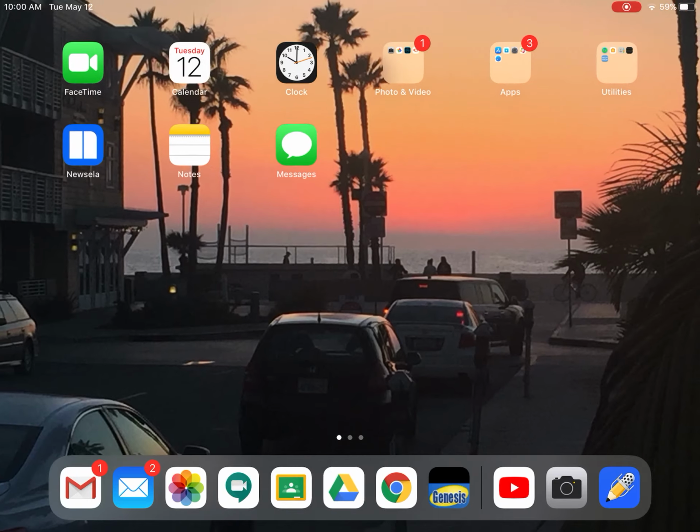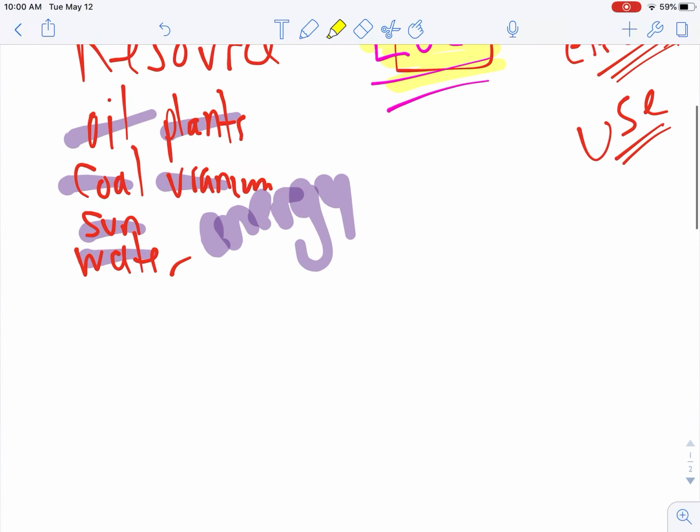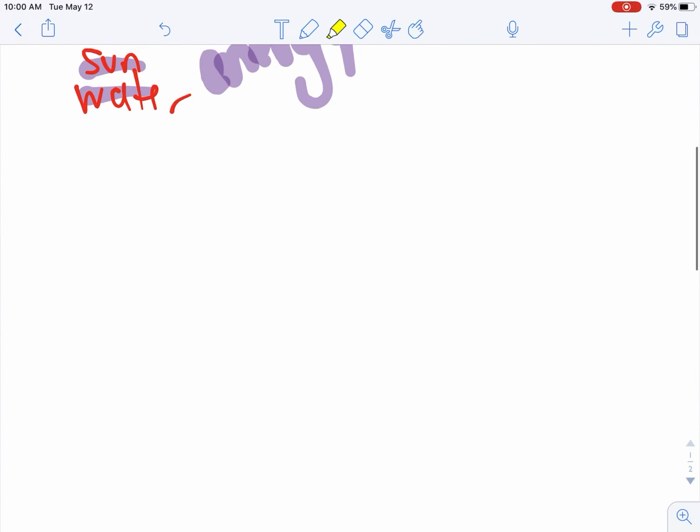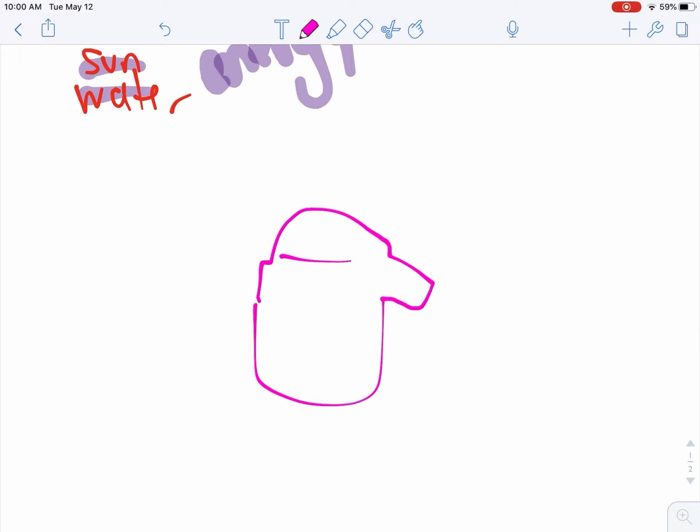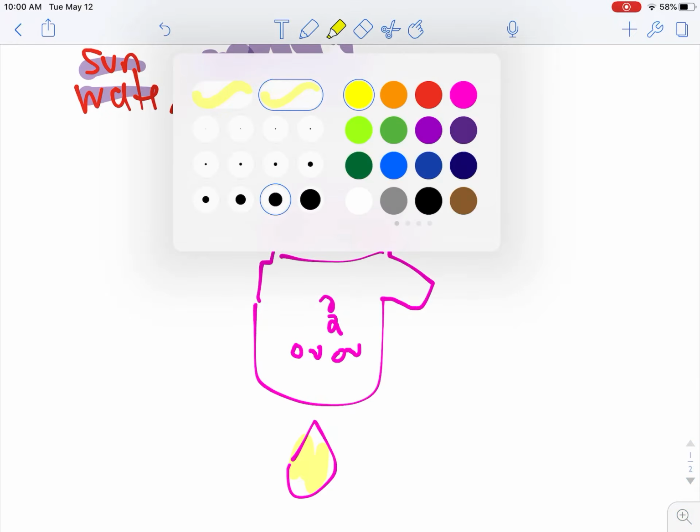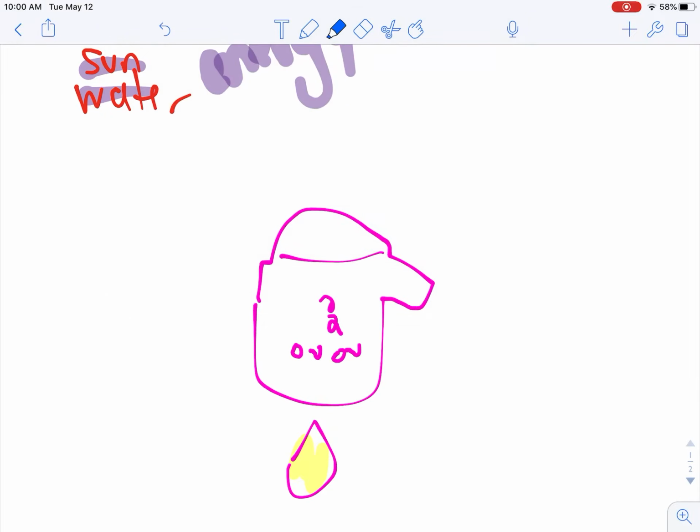Now, getting back to our drawing, think about the boiler as a tea kettle. Okay? You heat the tea kettle up. The water inside starts to boil, and eventually, it starts to whistle. Why?